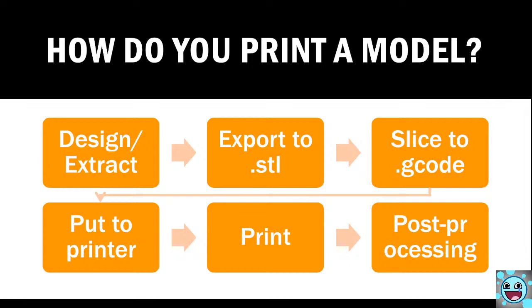You can extract models from many sources, and for medical models, it will usually be extracted from medical imaging files rather than being designed de novo. After you make the model, you would like to export it into a format that the 3D printing software or the slicer software would understand. The format is usually .stl.